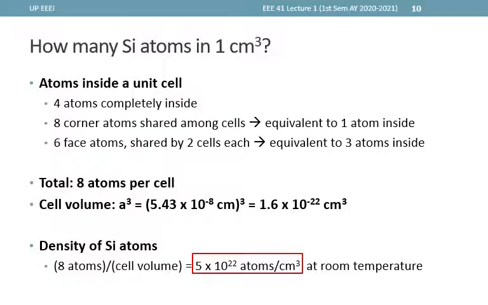Note that this density will change at different temperatures because the lattice constant will change depending on the temperature. So this density of atoms is important, and we'll go back to this as we go along the course.